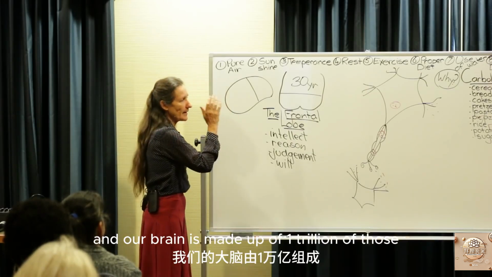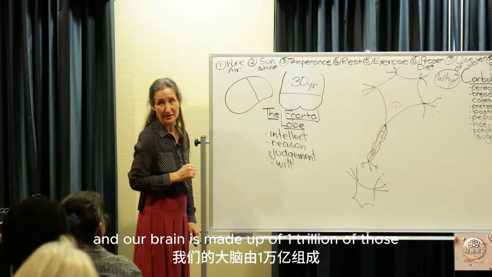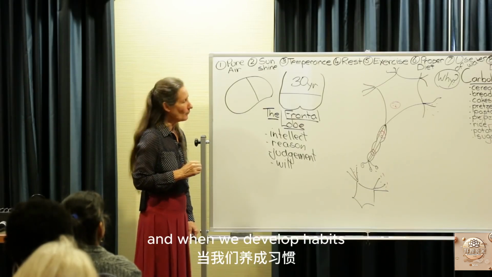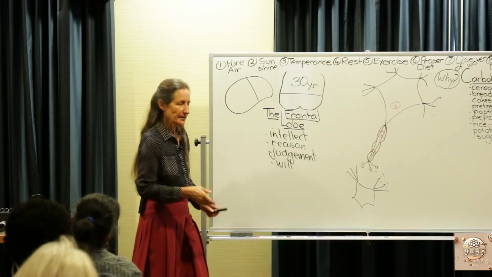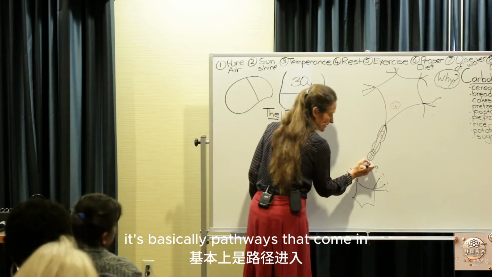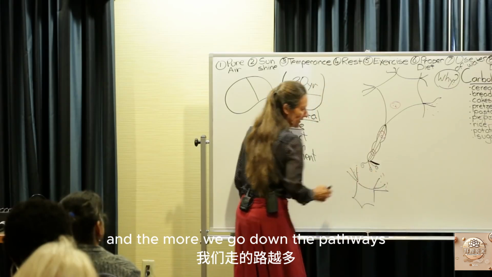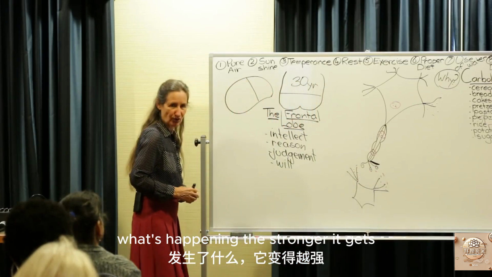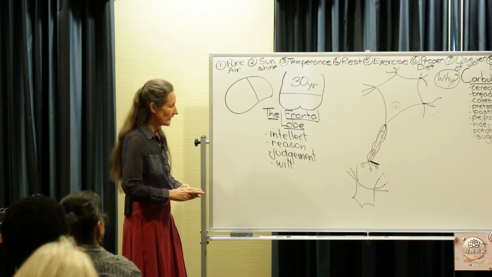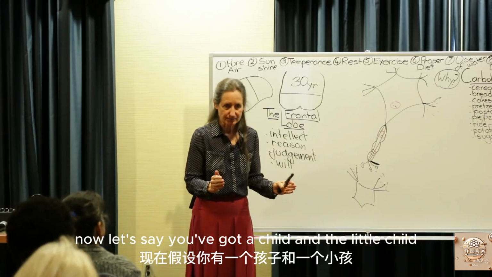And our brain is made up of 1 trillion of those. And when we develop habits, it's basically pathways that come in. And the more we go down the pathways, what's happening? The stronger it gets.